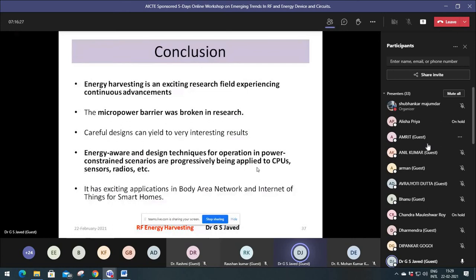As you can see, energy harvesting can have exciting applications in body area networks and the Internet of Things for smart homes. These energy harvesting systems, rather than just harvesting energy, could also be used as energy sensors. That means whenever there is some activity around, it could sense that energy.